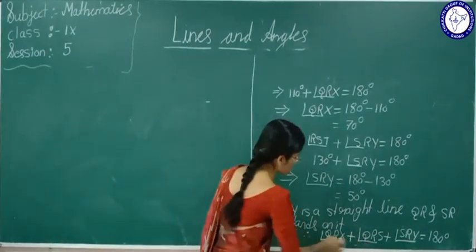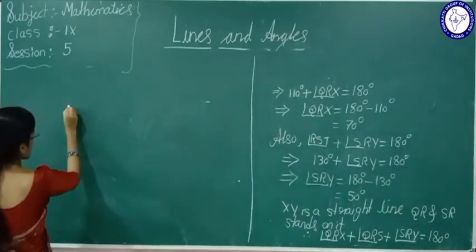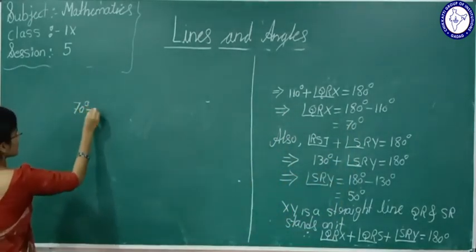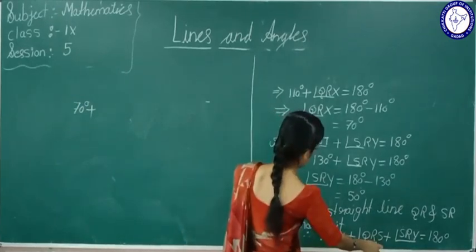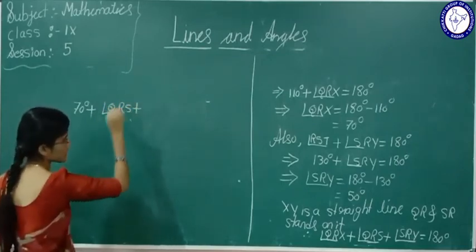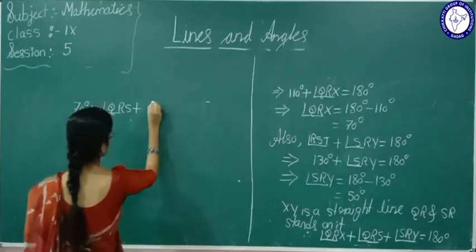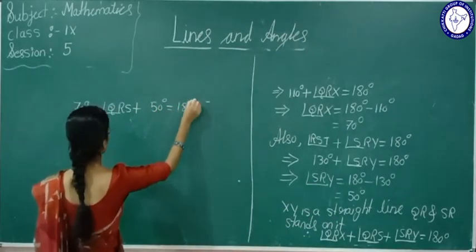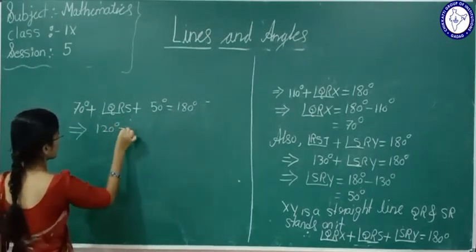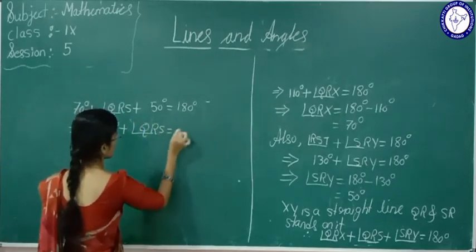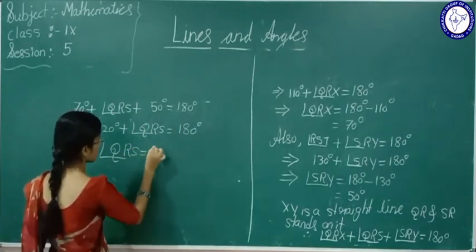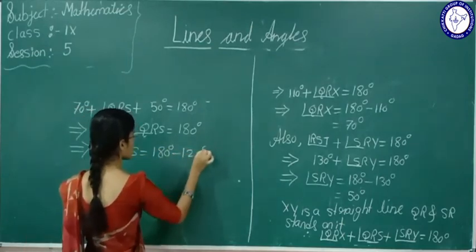Now see, students, we will substitute the values. Angle QRX we got 70 degrees, plus angle QRS, we are going to find out this angle only, plus angle SRY we got 50 degrees, is equal to 180 degrees. So 70 plus 50 is 120 degrees, plus angle QRS is equal to 180 degrees. So angle QRS is equal to 180 degrees minus 120 degrees.